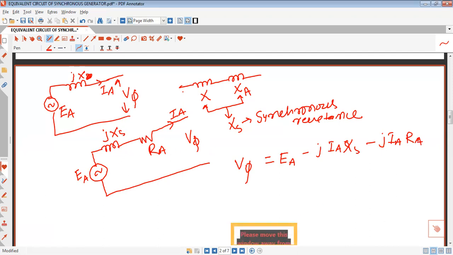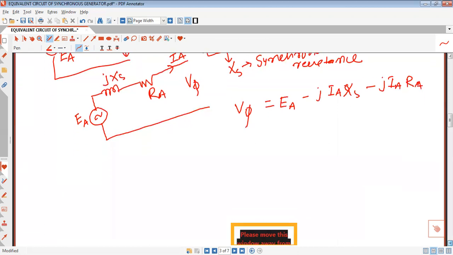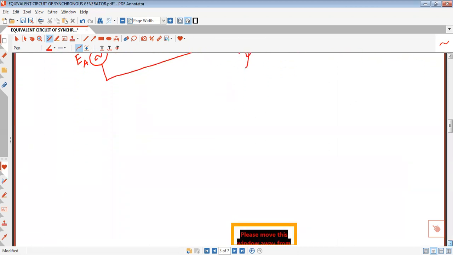We can now practically draw how the circuit looks. This is the equivalent circuit on a per phase basis. If we connect this in a three phase system, it will look like this.